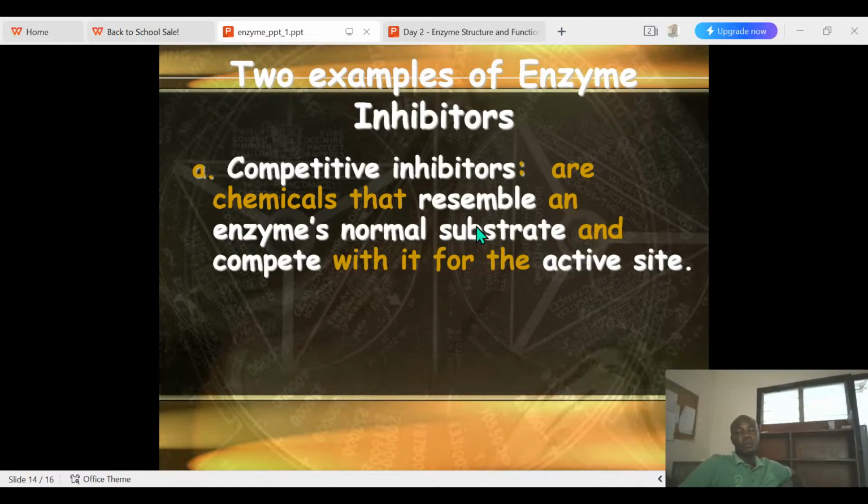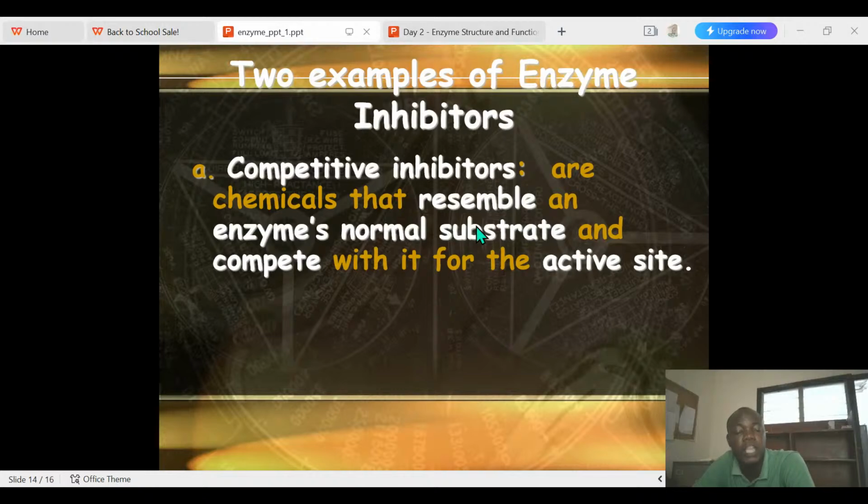Here, we have competitive inhibitors. Competitive inhibitors are chemicals that resemble an enzyme's normal substrates, and therefore they compete with the substrates for the active sites. So when you say competitive inhibitors, it means that the substrate and the inhibitor look alike. In that case, the substrates will be competing for the active site with the inhibitors.